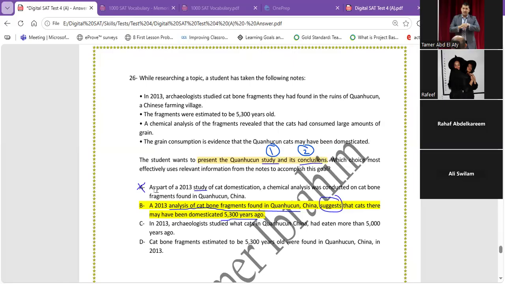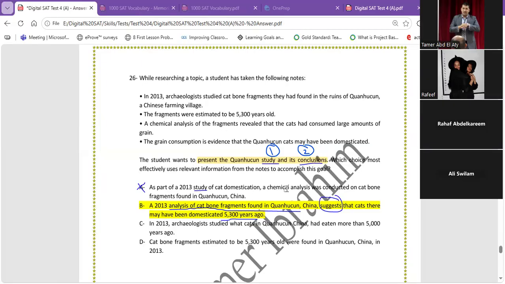Let's find. As part of a 2013 study of cat domestication, a chemical analysis was conducted on cat bone fragments found in Quancheng, China. But here, maybe he mentioned the study, but where is the conclusion? He doesn't tell us the ending result.